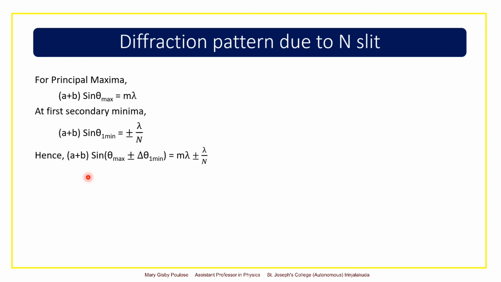Now here we do a few mathematical operations. Sine of (A plus or minus B) is expanded as sine A cos B plus or minus cos A sine B, and we get (A plus B) into sine theta max cos delta theta 1 minimum plus or minus cos theta max sine delta theta 1 minimum is equal to m lambda plus or minus lambda by n. Here delta theta 1 minimum is very small.